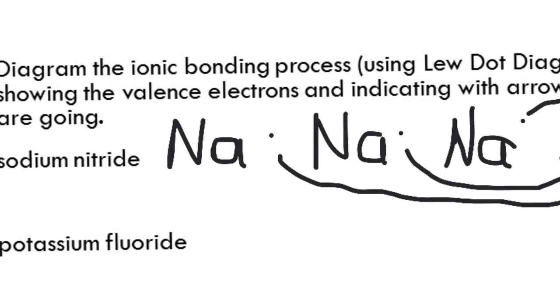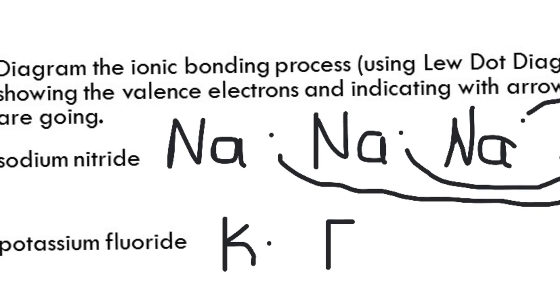Okay, so potassium fluoride. So potassium is K, and it has 1 valence electron. Fluoride is F, and it has 7 valence electrons, which means the potassium is going to give up 1 valence electron to the fluorine.